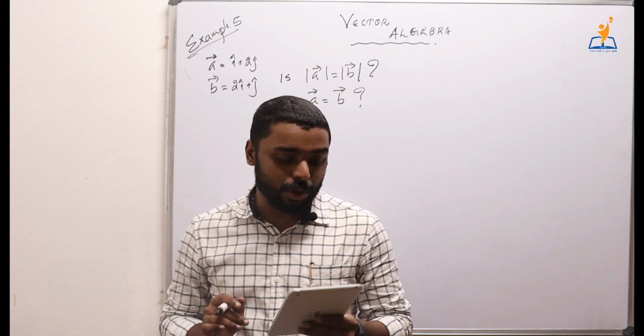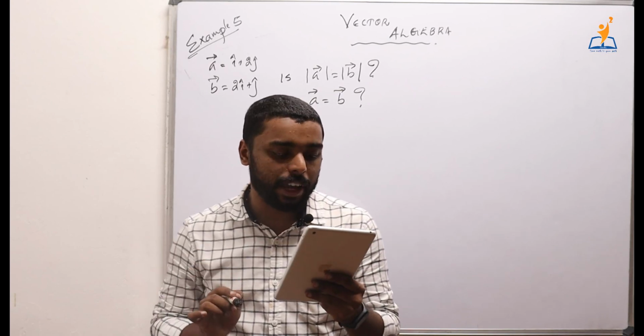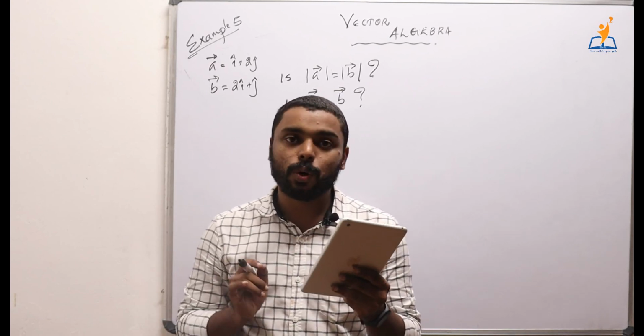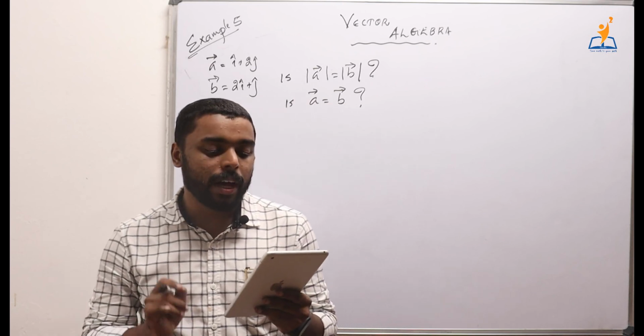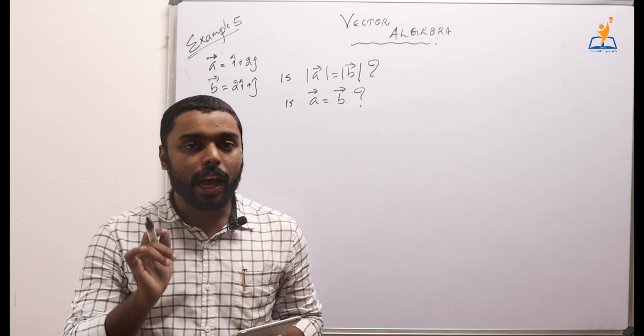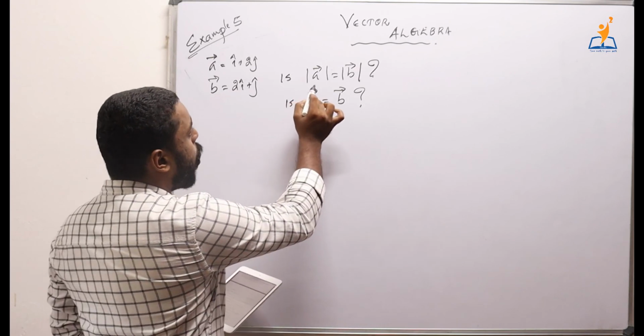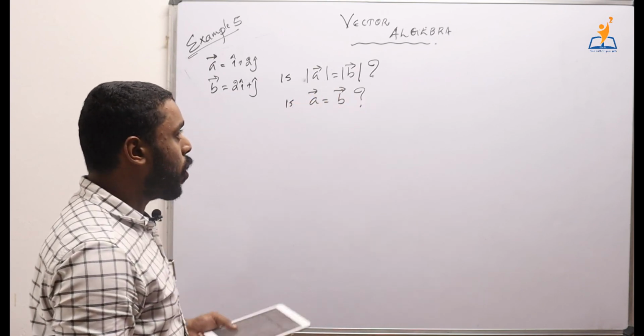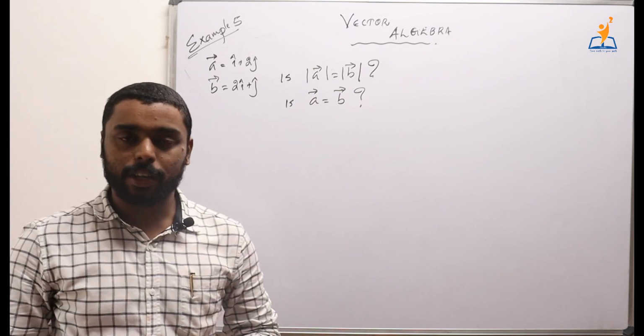Now we shall move to the next example. Example 5. Let a is equal to i cap plus 2j cap and b is equal to 2i cap plus j cap. We are asked whether mod a is equal to mod b, or the magnitude of a is equal to magnitude of b.